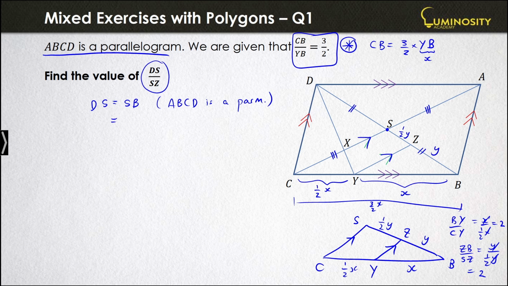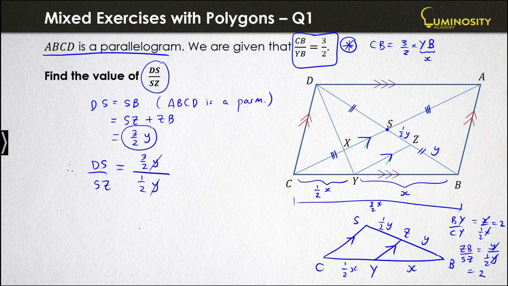So SB is made up of SZ plus ZB. Okay, so that's equal to a half Y plus Y, which is 3 over 2Y. So therefore, DS divided by SZ is the ratio here, 3 over 2Y, all divided by SZ, which is given by half Y. So now the Y's will cancel each other out.